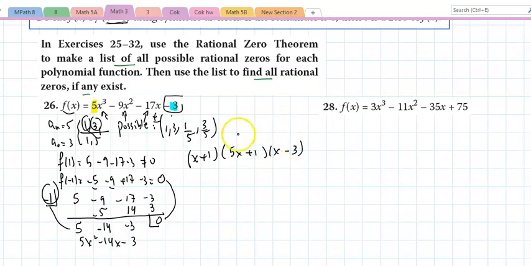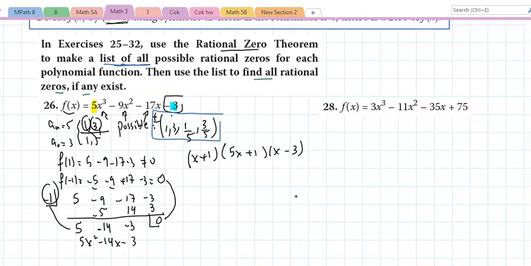So there it is. It says, use the rational zero theorem to make a list. The list is right here. Then it says, then use the list to find all the zeros. The zeros are, I'm going to do better than that.